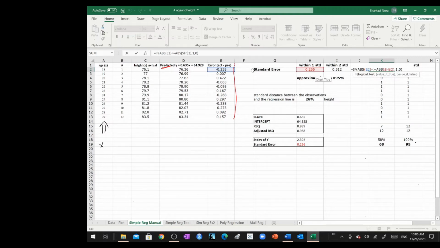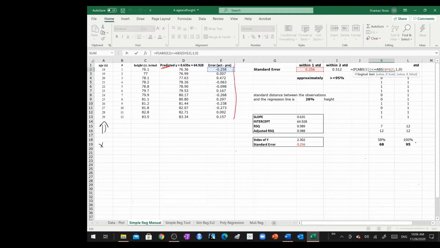Does this point lie within one standard error, meaning the absolute value of this error is less than the standard error? So this is what you are measuring.